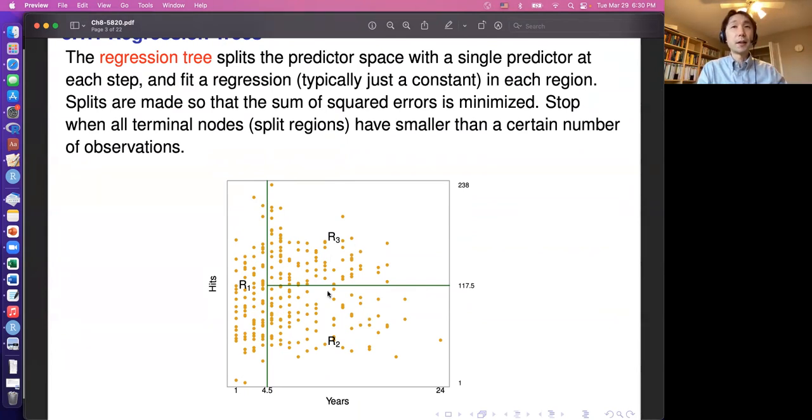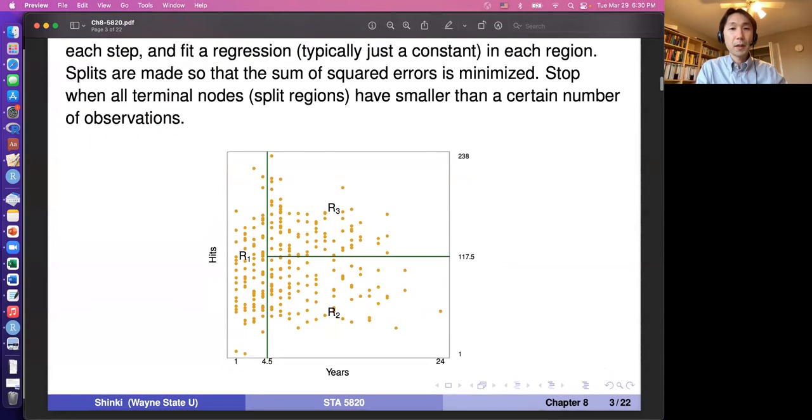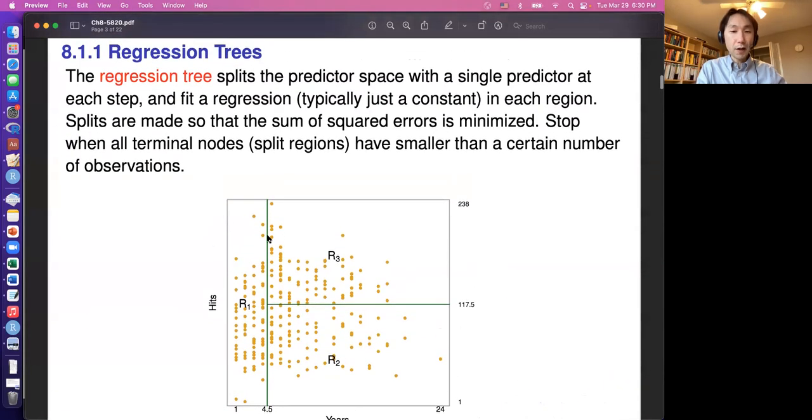That is the most common application, but possibly we can fit a more complicated function for each region. For example, a linear function of hits and years and an intercept. Yep, that is another possible way. And we divide here, here, and here, and how many times do we divide?